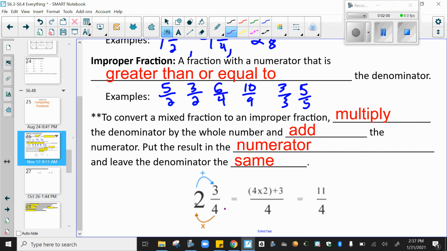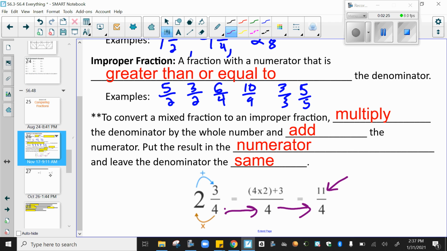We do 4 times 2 to get 8, plus 3, right? 4 times 2 plus 3. 8 plus 3 is 11. So we're going to write that in the numerator spot and then bring over the denominator. We make 11/4. All mixed numbers, if you switch them, will become improper fractions. If it makes a regular fraction, you've done something wrong.